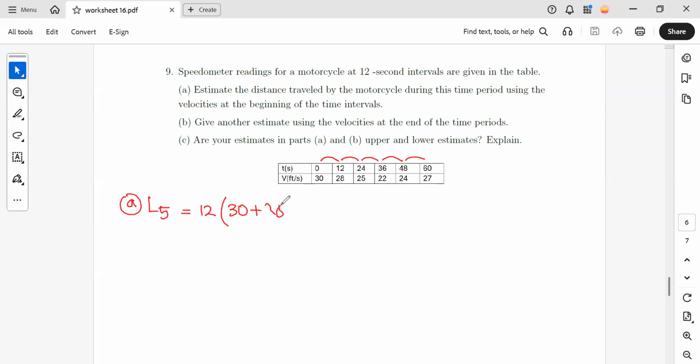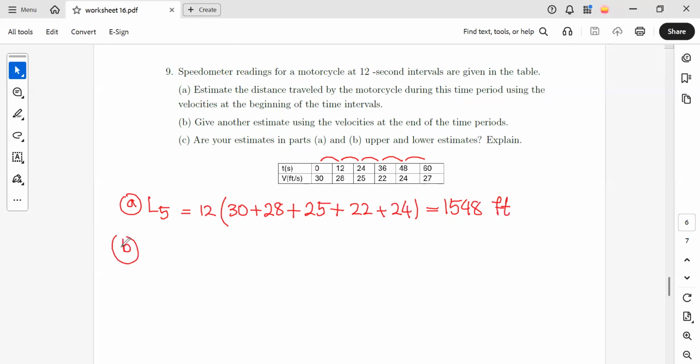30 plus 28 plus 25 plus 22, and the last one here, 24, which will be 1548 feet.